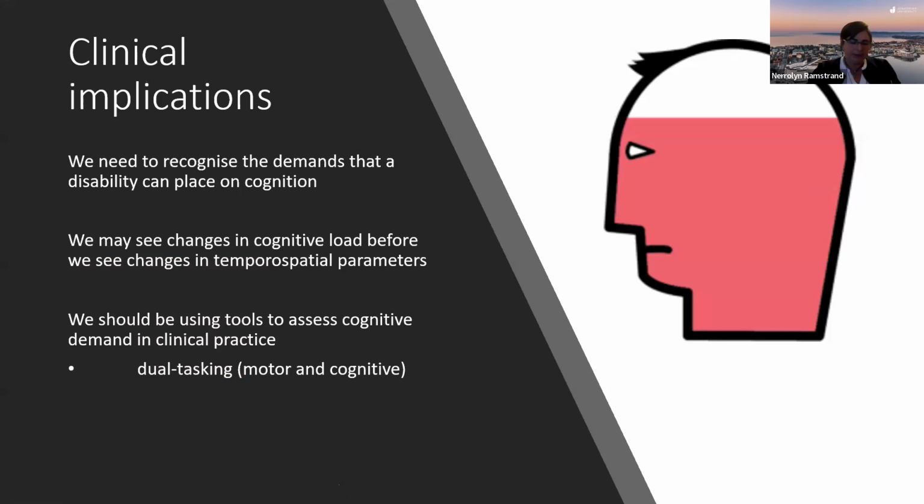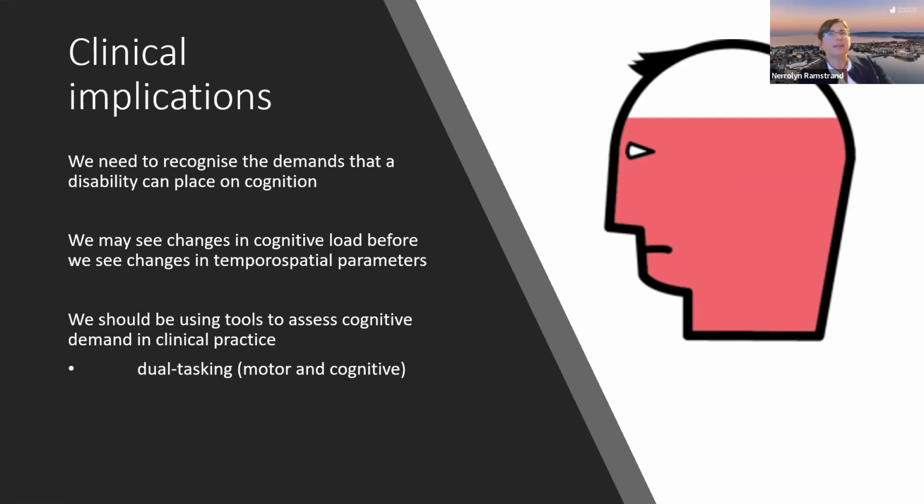So clinically, what might this mean for the average prosthetist orthotist working in a clinical environment? Well, I would suggest that we need to start to recognize the demands a disability might place on cognition. So we know that it's going to have an effect, and start to think about how it might affect someone's daily life activities.